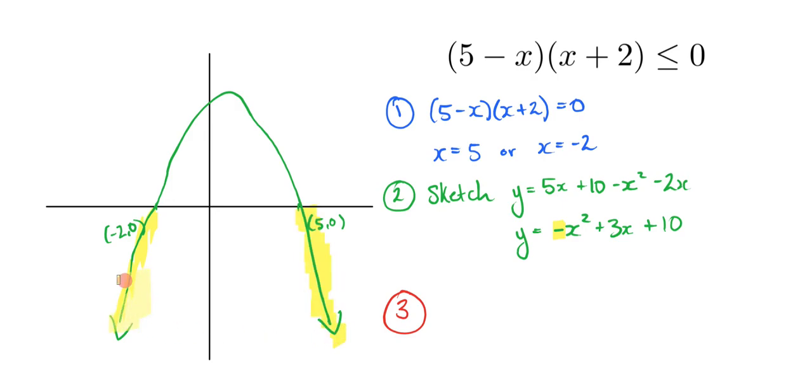Therefore, my x will be equivalent to negative infinity to negative 2, square bracket, the union of 5 to infinity. And there we go. So we had to be careful there of figuring out whether I have an up or down parabola.